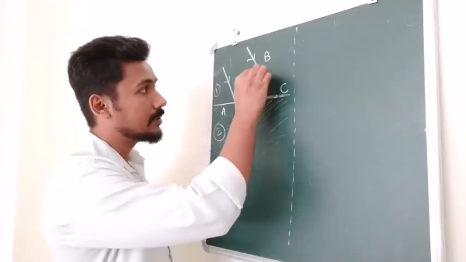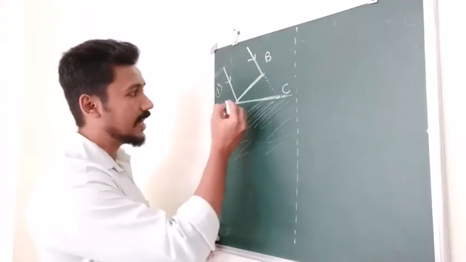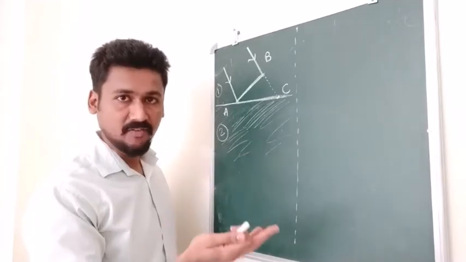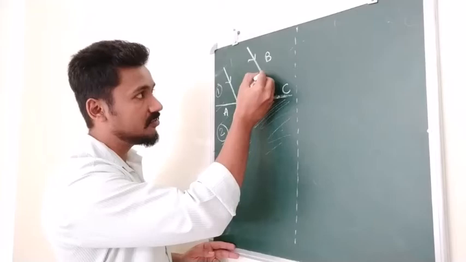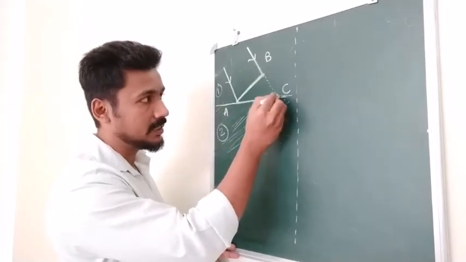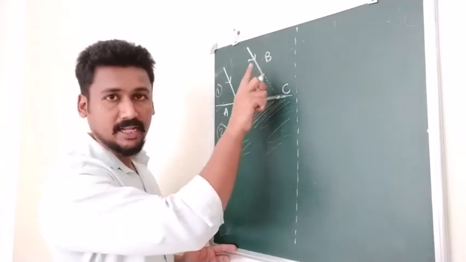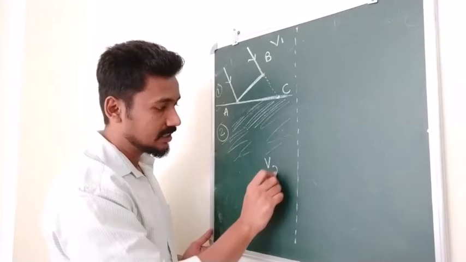So the ray reached from B to the point C, and how did it reach? Actually, every point on this wavefront AB started acting like a source of waves, and then it created its own wavefronts. So the wavefront from B has reached the point C after some time t. Now let us say the velocity of light in the first medium is v1, velocity of light in the second medium is v2.